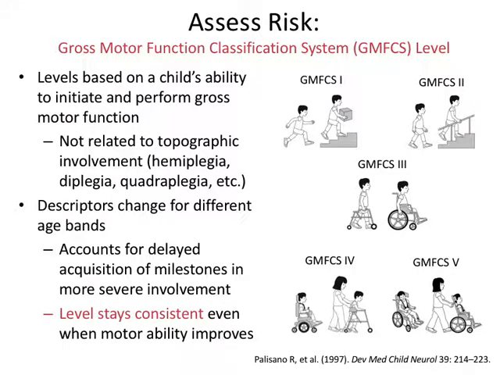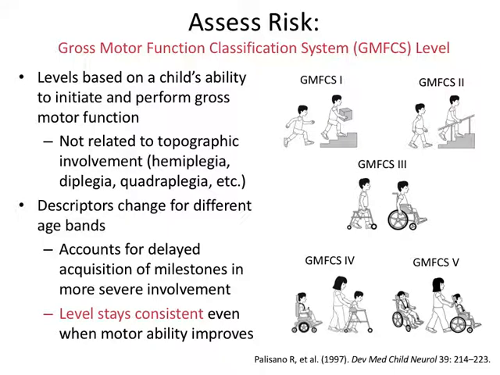The key to all of these surveillance programs is an assessment of risk. All of you are familiar with the Gross Motor Function Classification System, I hope. For those of you who aren't, I'll go over some salient points about the GMFCS. It is based on levels that describe the patient's ability to initiate and perform gross motor function, and it is not related to topographic involvement.